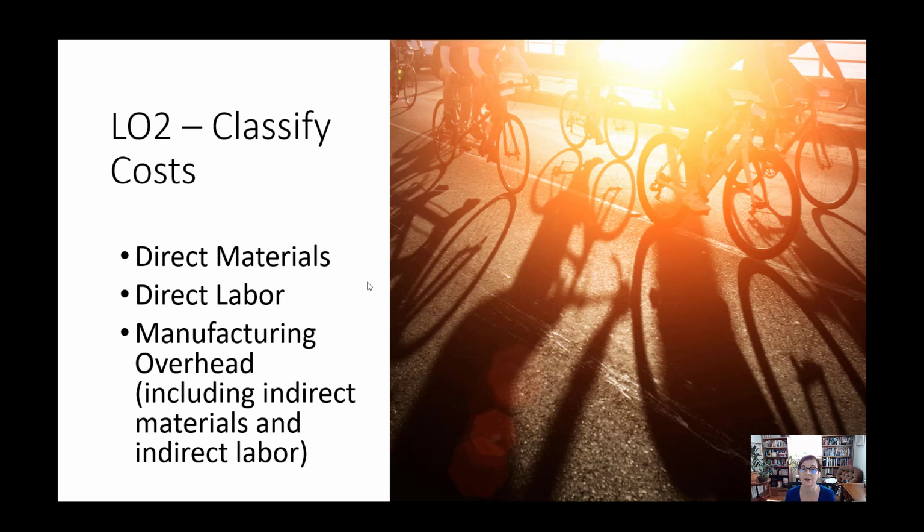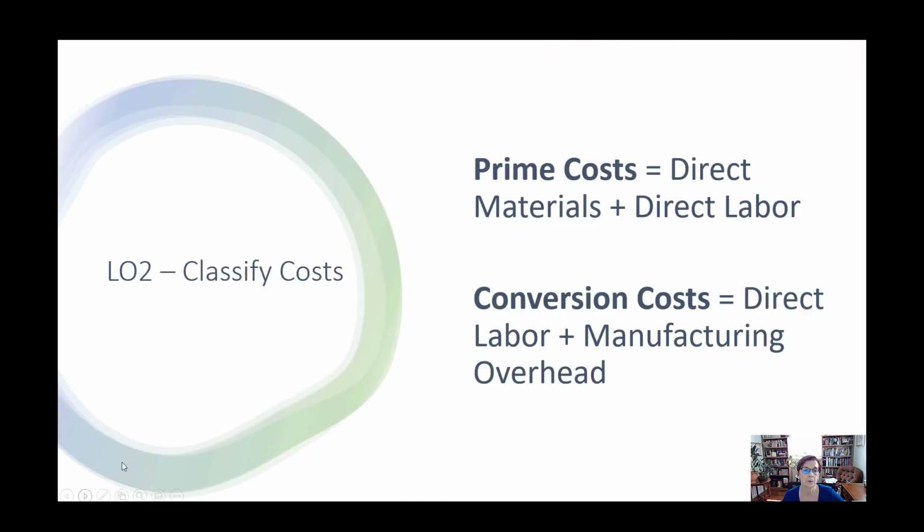So that would be considered indirect materials, which is part of overhead. Indirect labor is any laborer in the factory who is not working on the final product. So that would be someone like a supervisor or a maintenance person. So those indirect laborers, the cost of their labor is considered overhead.